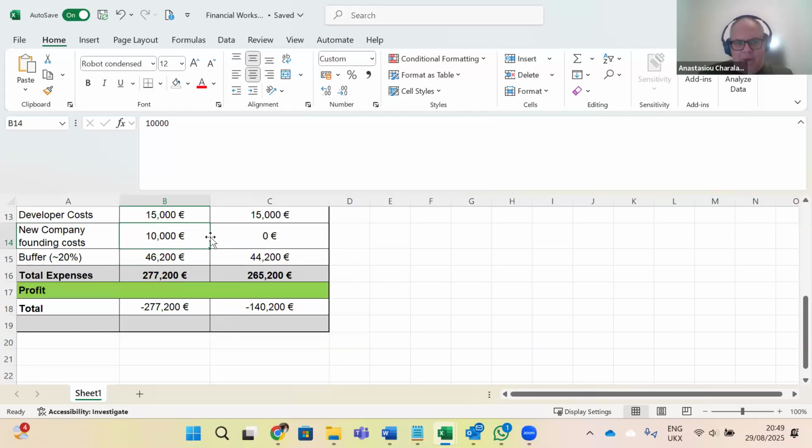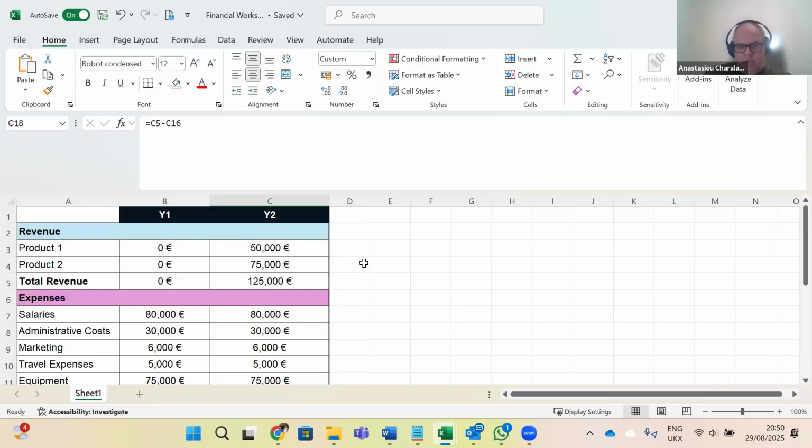Now, this is where it gets very important, why you want to do this. Now you can see that the first year, you're going to lose 277,000 euros. The second year, you're going to lose 140, and this is less because you have revenue in year two.